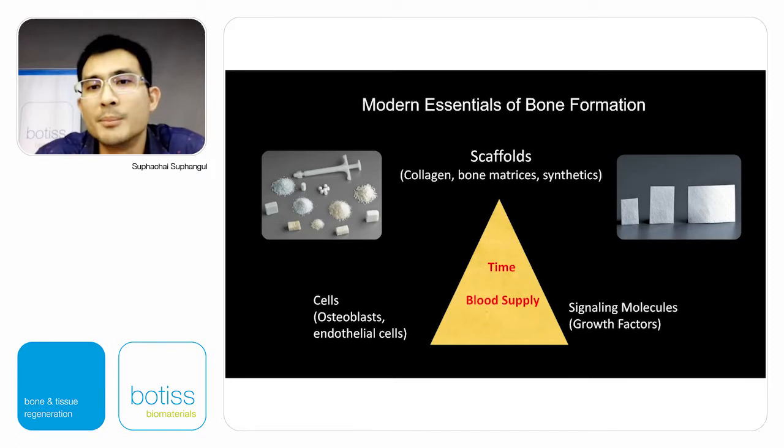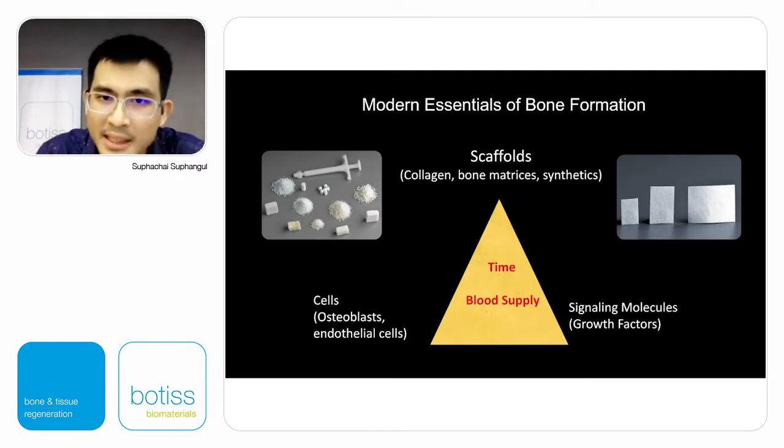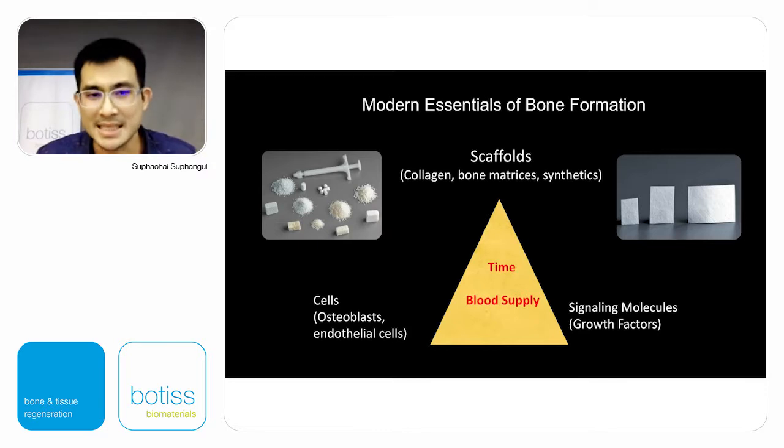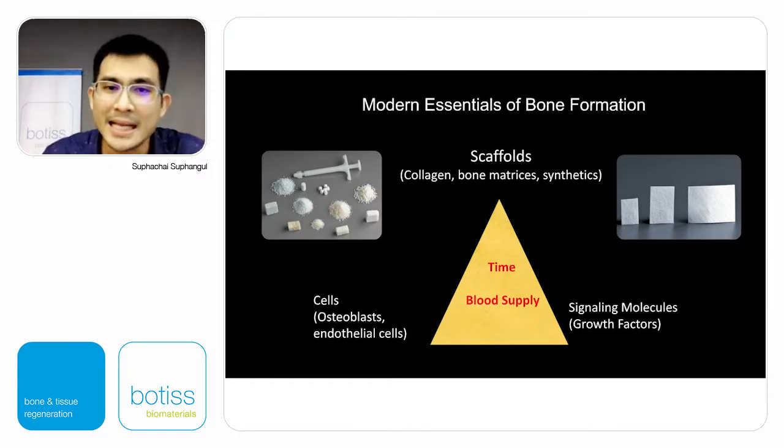For modern bone formation, we need a triangle like this. First is our scaffold. Scaffold means the membrane and the bone matrix. The second one is the cell. The cells are from the recipient side: osteoblasts, endothelial cells, and the third, the signal molecules. These three components work together like a cell build-up before they build up the bone.